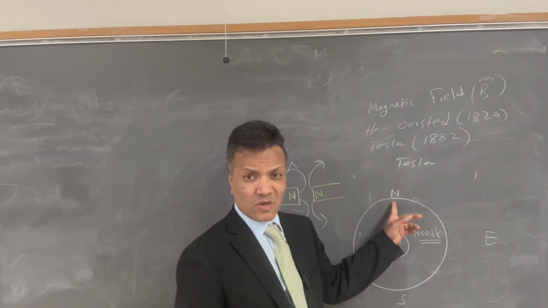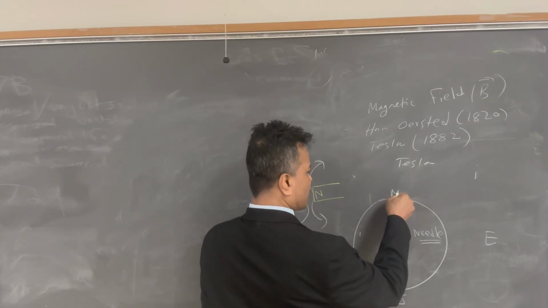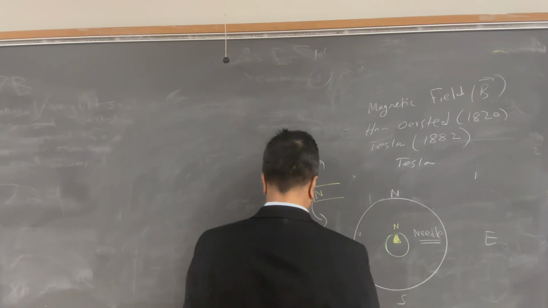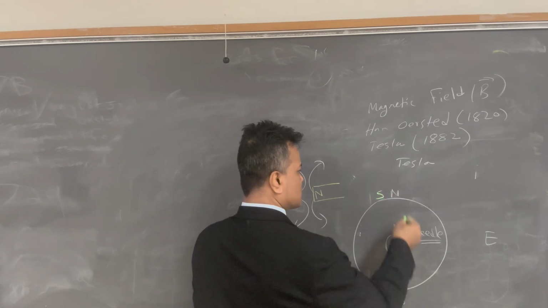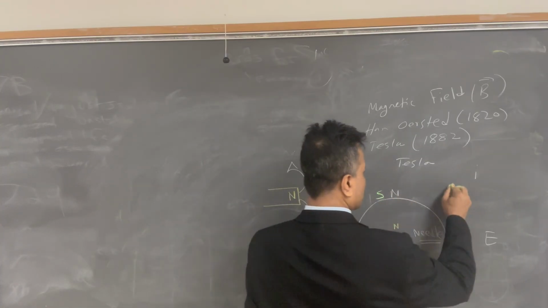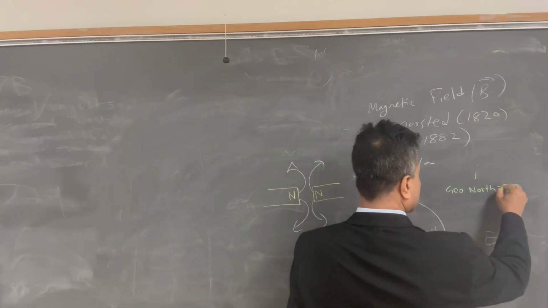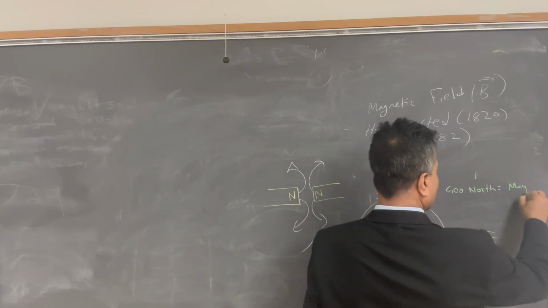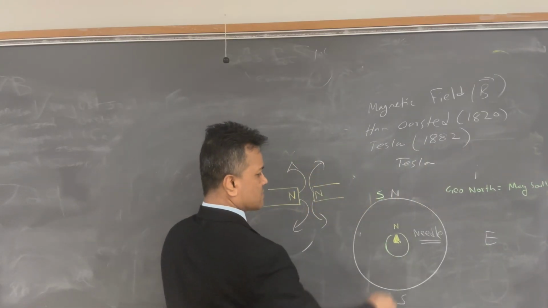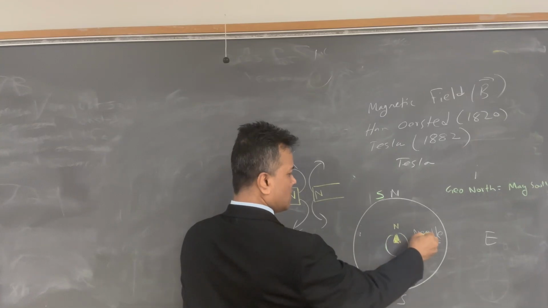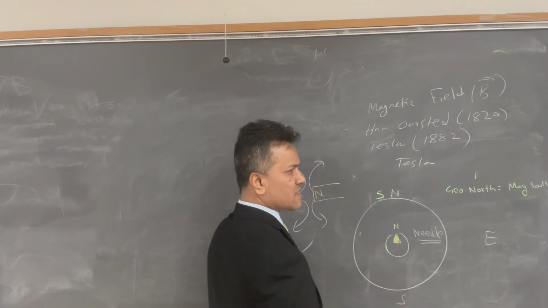It's because this is geographic north. The compass cannot read geographic north. This is geographic south. The compass is actually reading the magnetic south. So geographic north is equal to magnetic south. So the north needle of the compass is facing toward the South Pole.